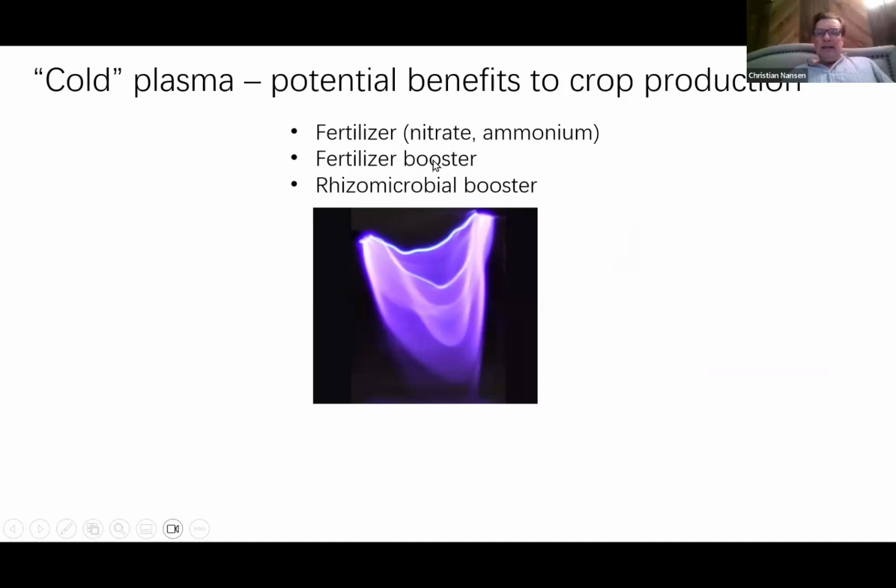We also believe that there are ways that the PAW may be used to actually boost the rhizomicrobial community. It may also be thought of as something that, as you inject fertilizer into an irrigation system, maybe the combination of using PAW and a synthetic fertilizer increases the performance of this, because normally a lot of the fertilizer that is being produced is actually not taken advantage of by the plants.